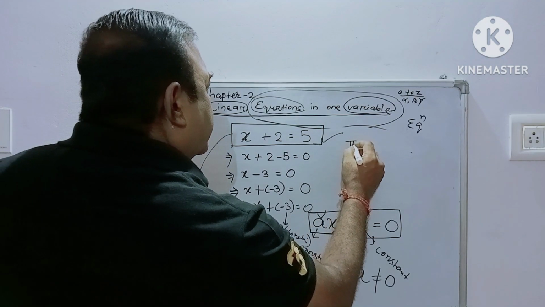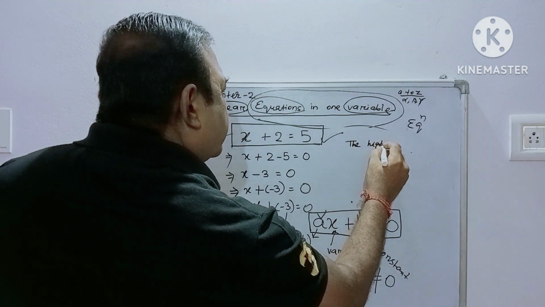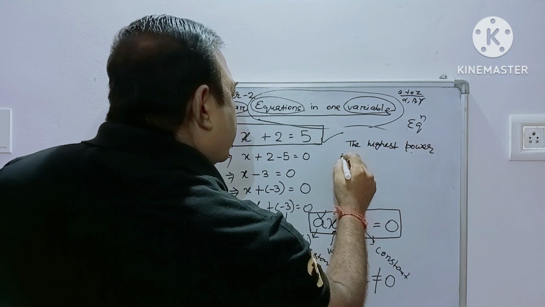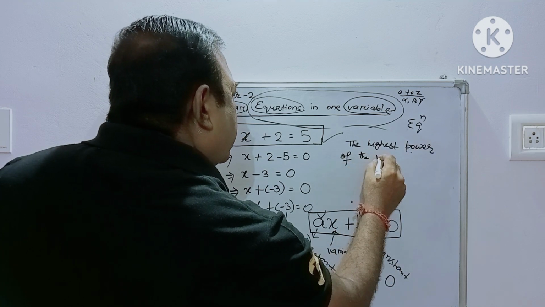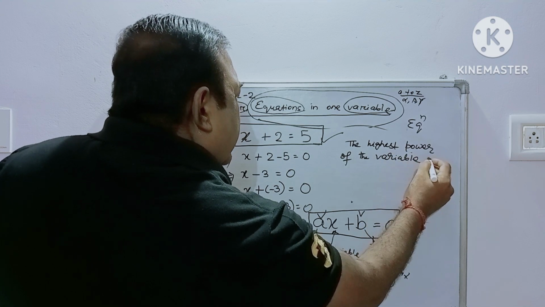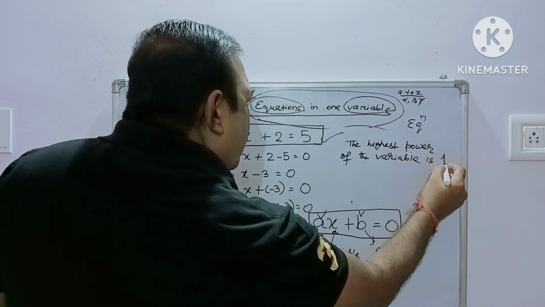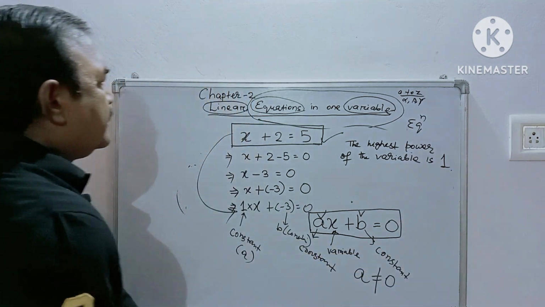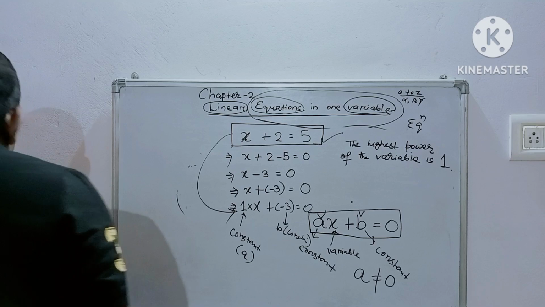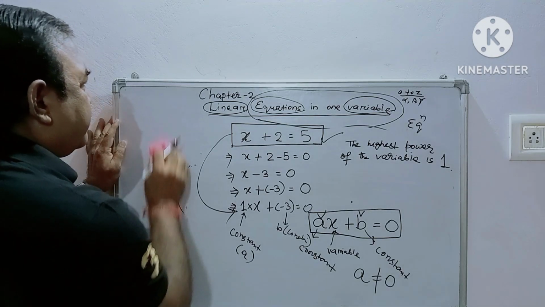The highest power of the variable is 1. So it is a linear equation in one variable. So I erase it.